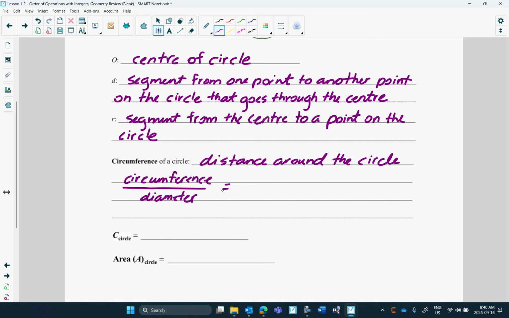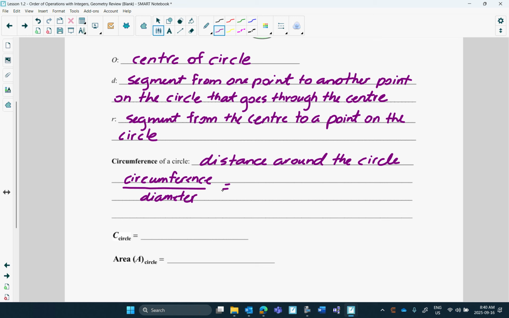Pi, right? And the more accurately we divide, the more accurate the number is, but we'll never get a perfect number. We'll get a decimal number that never repeats and never ends.